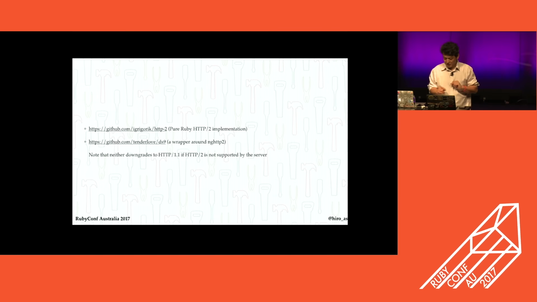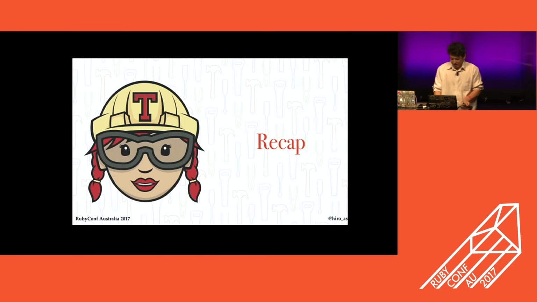All right, time is coming up, so let's recap. We have looked at the features of HTTP 1.1 and H2 and compared how that will affect our decisions on application code.